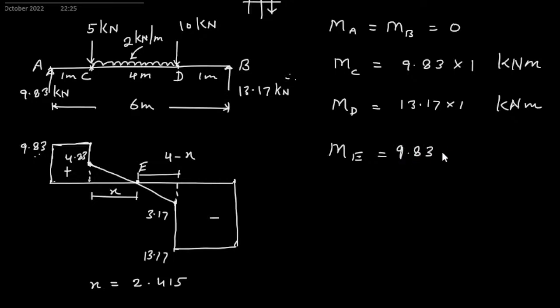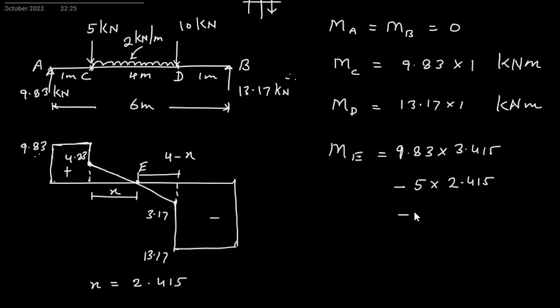This is a sagging bending moment, 9.83 multiplied by the total distance from point E, which is 1 plus x, so it will be 3.415. Minus 5 times the distance x, which is 2.415. This is a hogging moment.